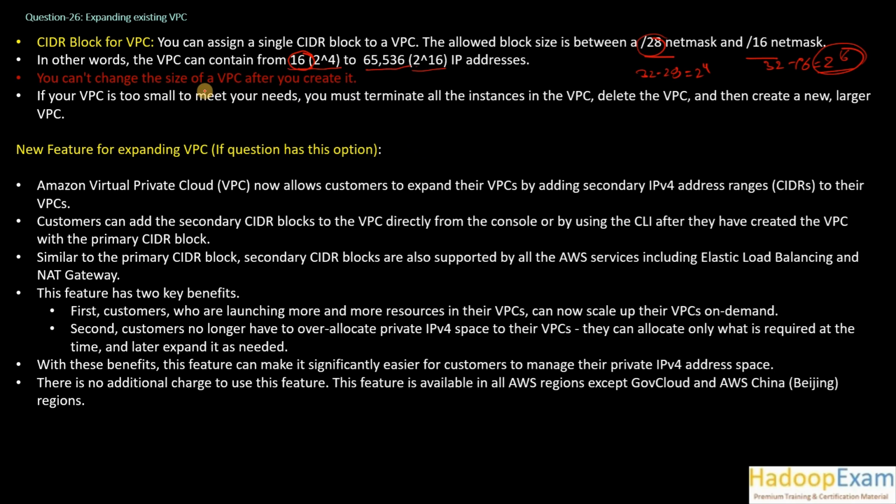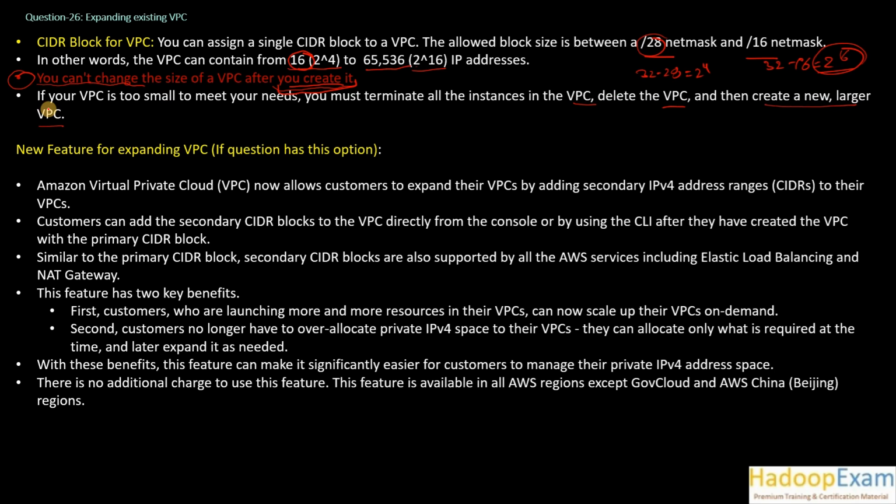You can't change the size of a VPC after you create it. It depends on what kind of options you get in your question. Things evolve, and in recent years AWS has changed many things. So if your question is a bit old and no other option is provided, then you may select this option: you can't change the size of the VPC after you create it. If your VPC is too small to meet your needs, you need to terminate all instances in the VPC, delete the VPC, and then create a new larger VPC.